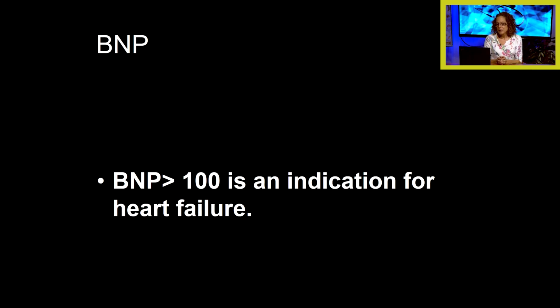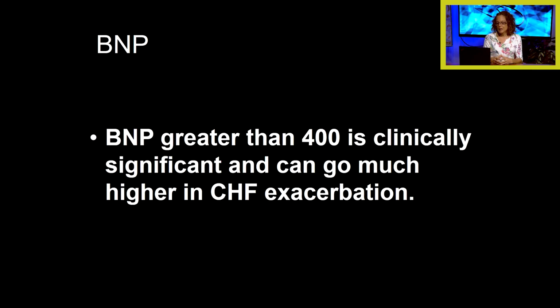And so our BNP is usually elevated in heart failure, greater than 100. It can go greater than 400. We would have probably clinically significant problems happening in this case. But it can go actually much higher in a CHF exacerbation, much higher than 400.